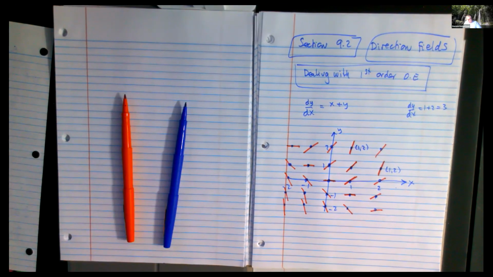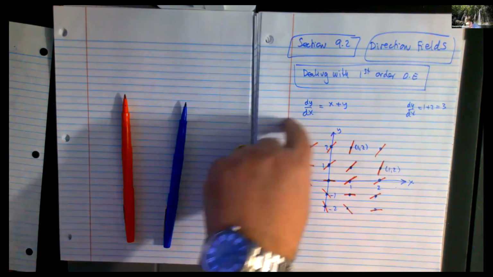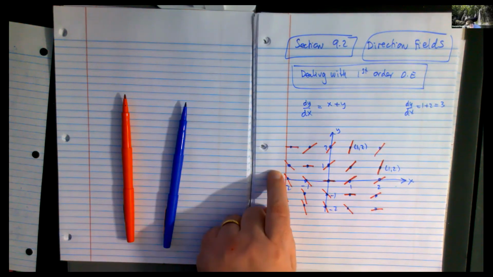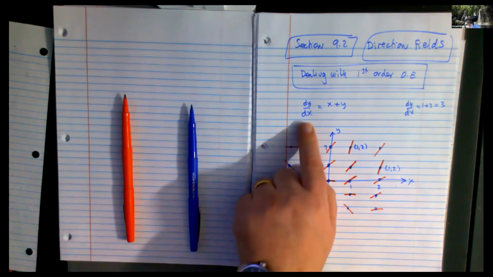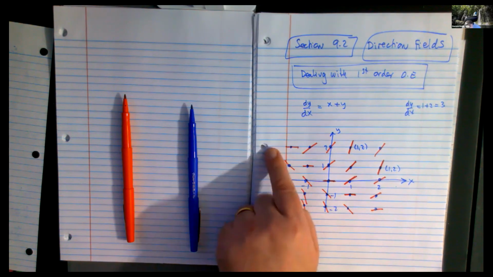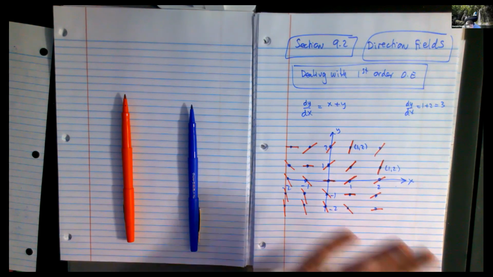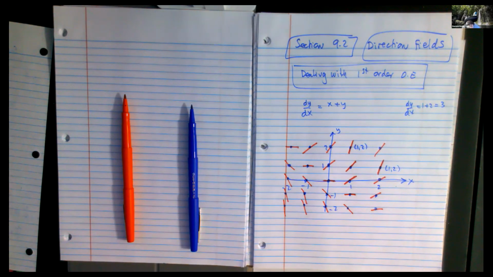Now, can you pretend that I drew all those little lines with slopes at 2 and 3? What you're looking at here is a direction field. It's essentially what this differential equation looks like visually. And the way I tend to look at these is I think of a river and the currents that are flowing through that river.